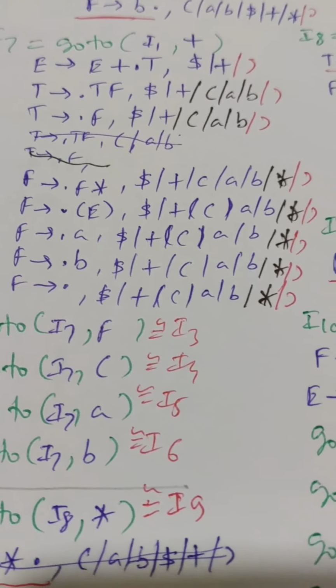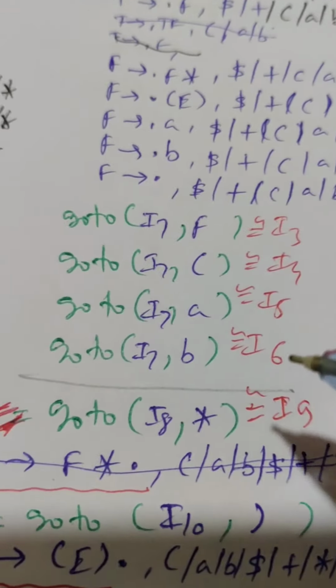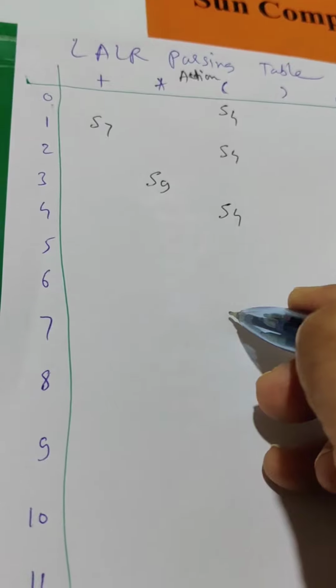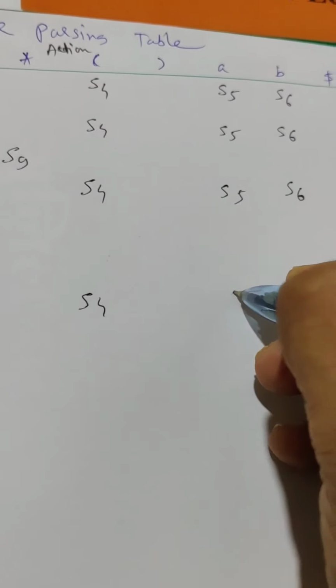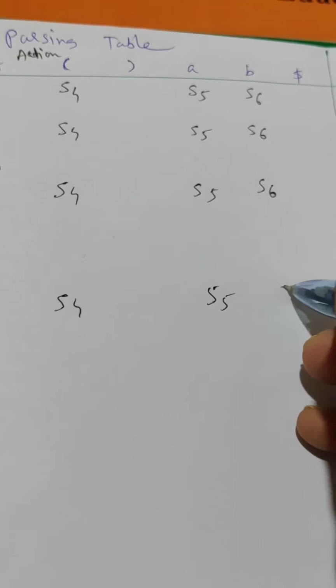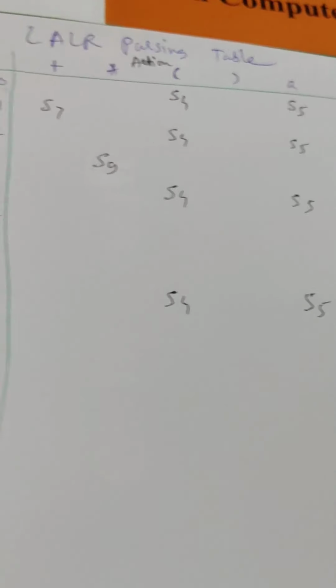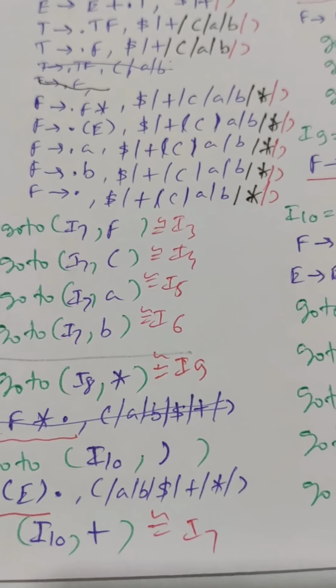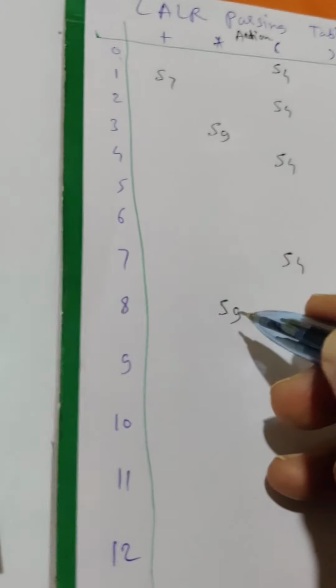Then I7 comma opening bracket is S4, A is S5 and B is S6. So I7 is done. Now I8 comma star is 9, so I8 comma star is S9, shift and go to 9. So I8 is over.